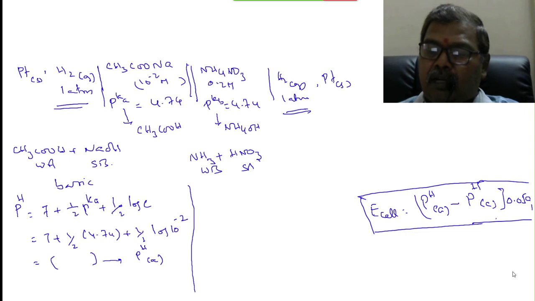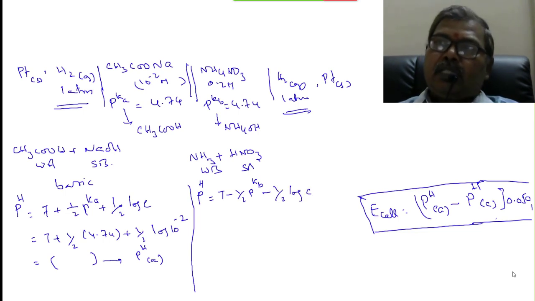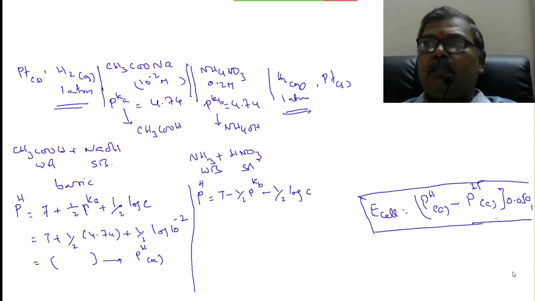And how to find out the pH of this salt solution? pH of a salt of strong acid and weak base is 7 minus half pKb minus half log C, where C is the concentration of the salt.